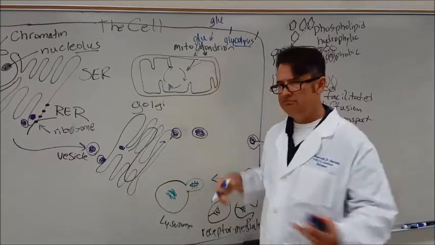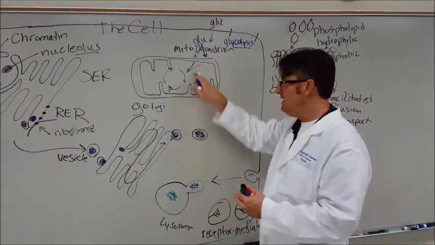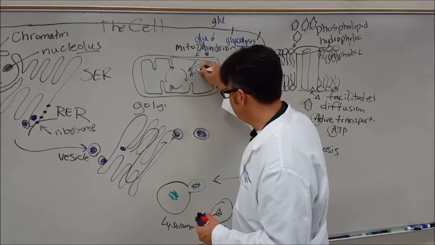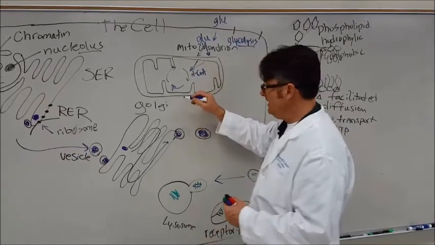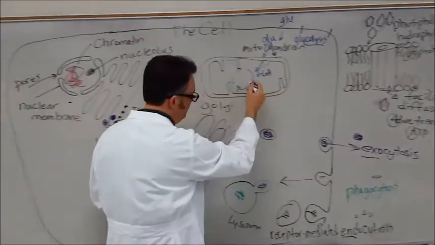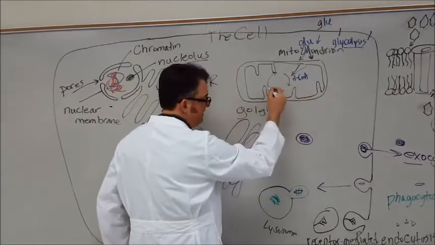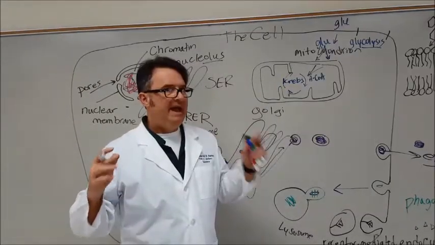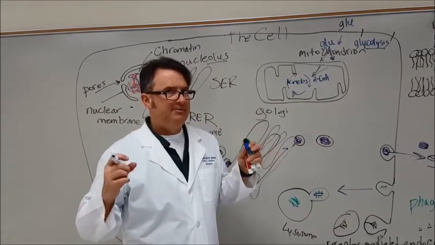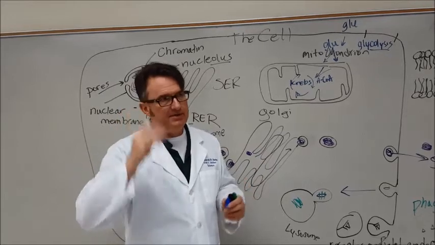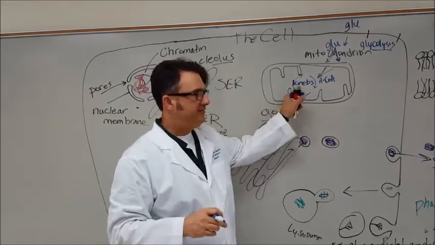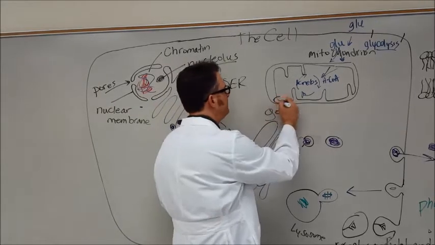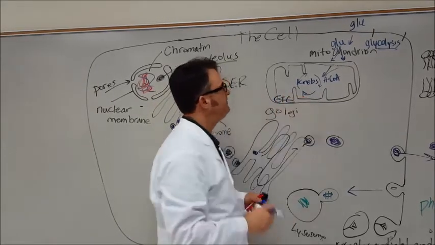Pyruvates have some CO2 stripped off of them, and then acetyl coenzyme A is a 2-carbon fragment that then mixes with a 4-carbon fragment to form a 6-carbon fragment. A couple of CO2s are stripped off of this, and there are a lot of energy producing compounds that will carry the energy from these chemical reactions to what's called the electron transport chain.